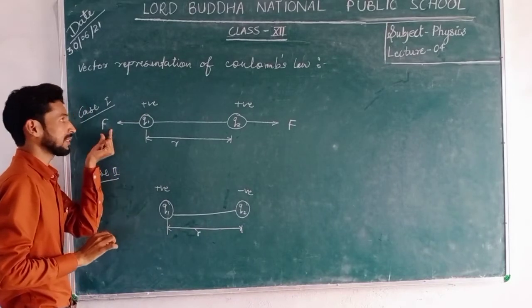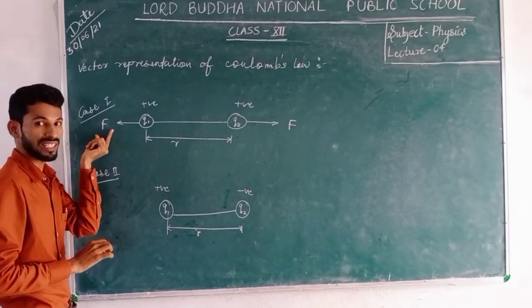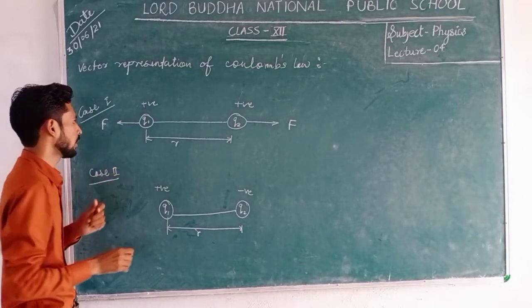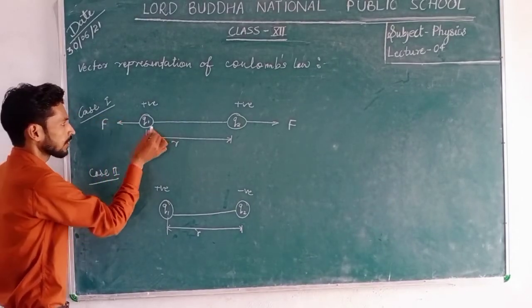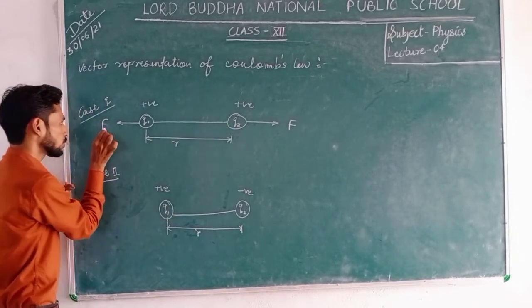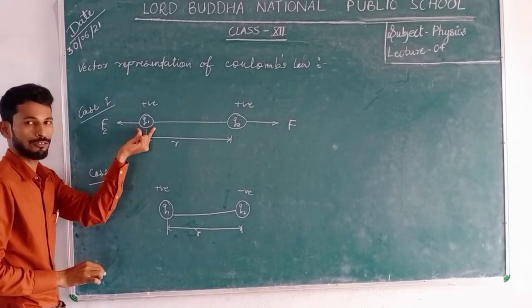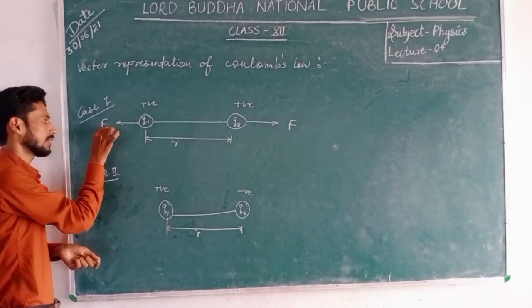But there will be a representation, because the topic name is vector representation. So write here to represent the vector form. The force will act due to charge Q2, so write here 2, and on which charge the force is acting, write that at last.